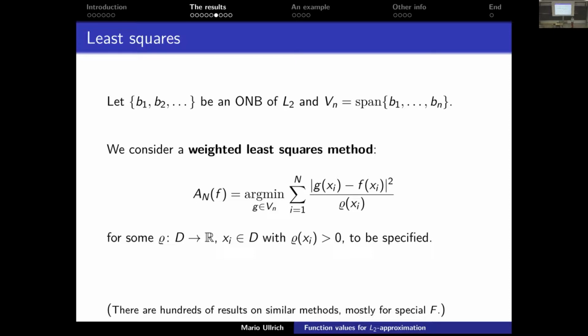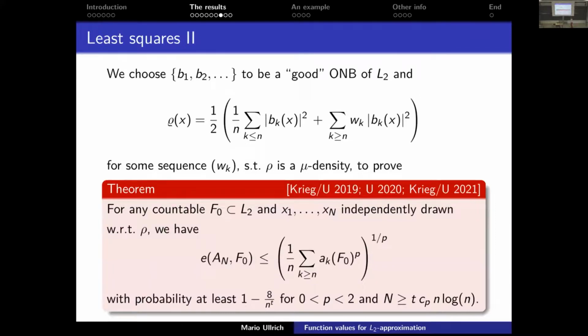So just a discrete L2 minimization here. G is from a finite dimensional space, so that's just least squares. And the only thing we need to fix here is the class Vn, the points xi, and these weights. These three things specify the algorithm.